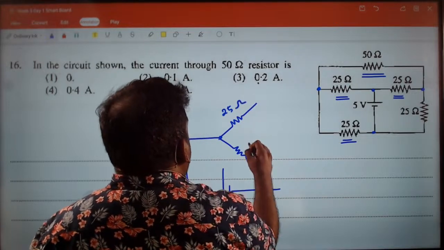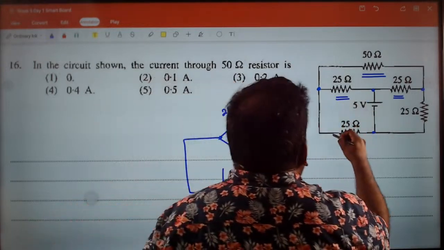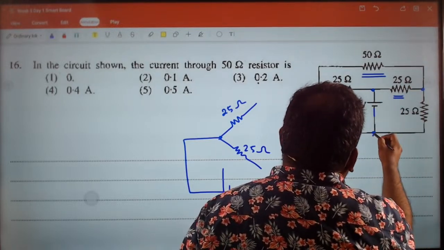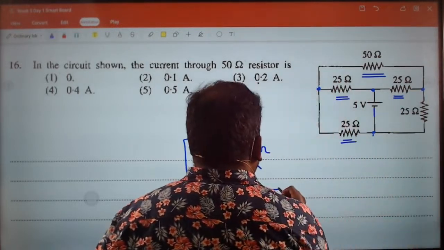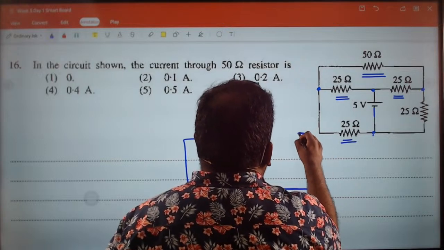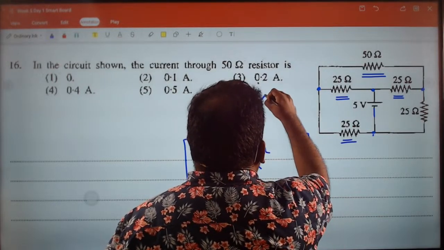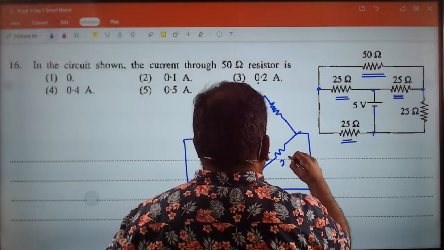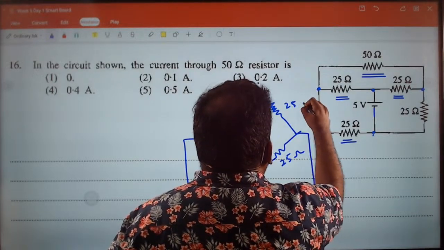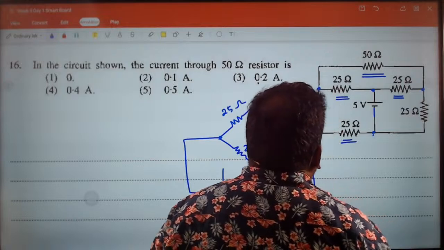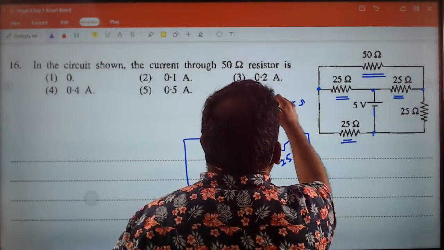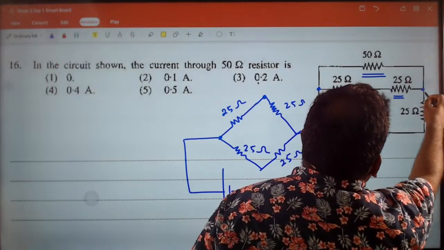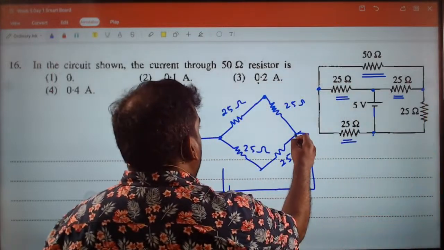Negative terminal is also across two 25s. Are they meeting? Yes, this end and that end are meeting together.